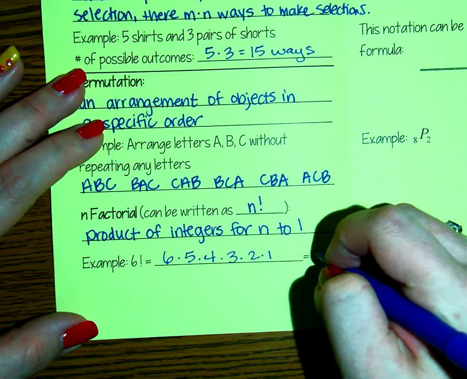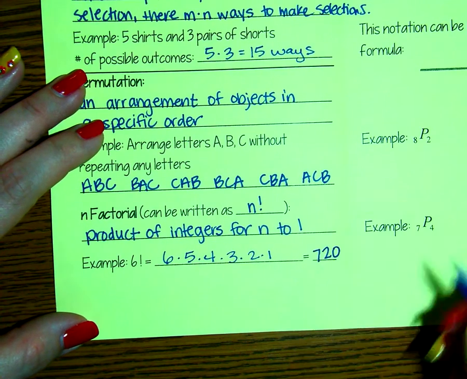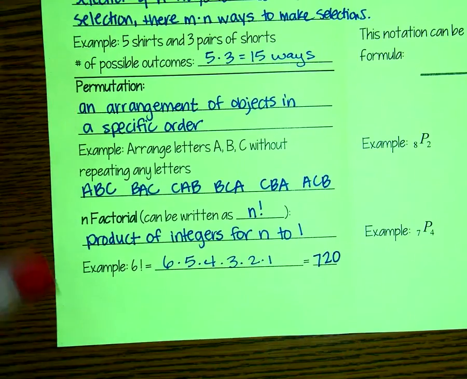Times 1, of course, is itself. So 6 factorial equals 720.